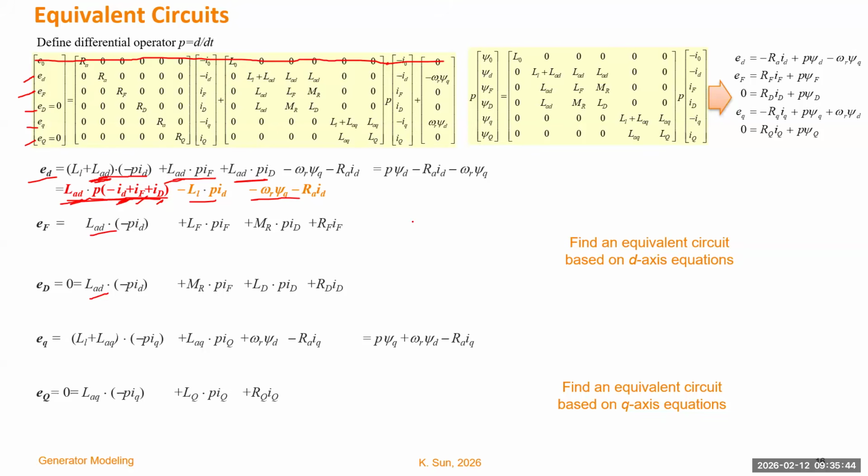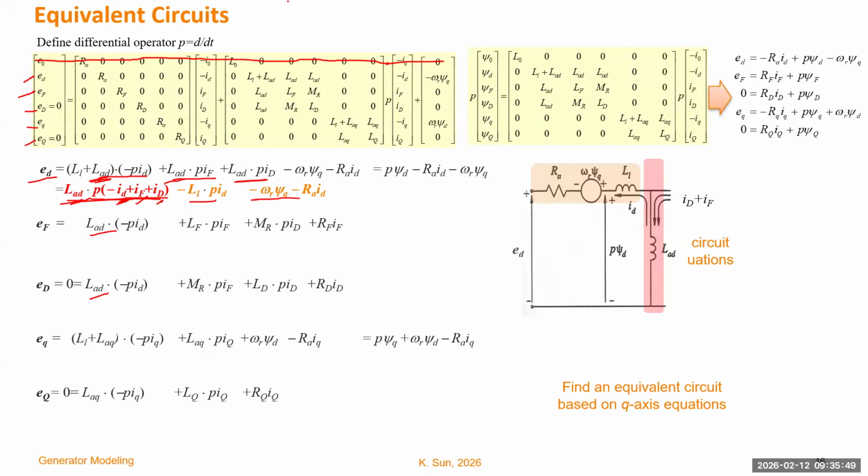Okay, so let's try to draw something based on this equation. On the left-hand side, we have total voltage ED. And then we have a voltage drop, which is categorized by the orange items, which represent those three, right? It's the voltage drop on the resistance, the voltage which is equal to the induced voltage due to the Q-axis flux linkage, and then the voltage on the leakage inductance.